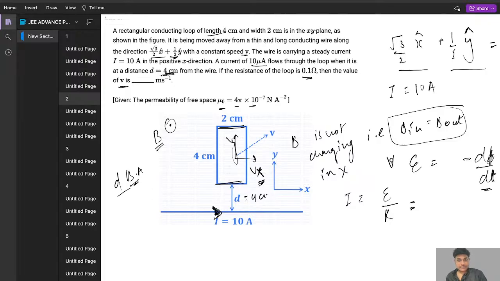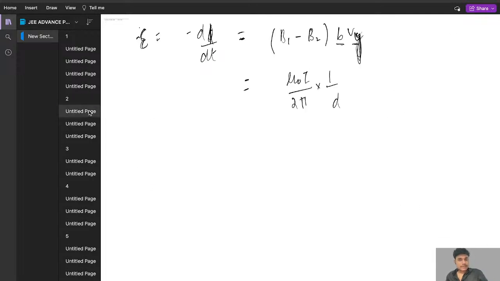For the upper edge, that is mu naught I upon 2 pi into 1 upon a plus d, into b into vy.